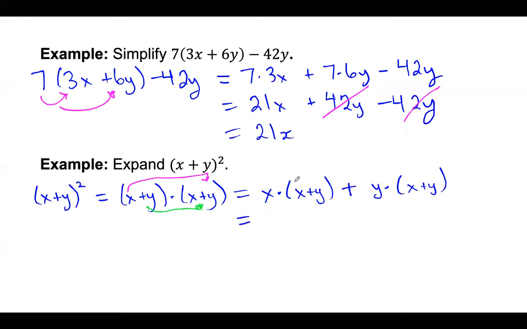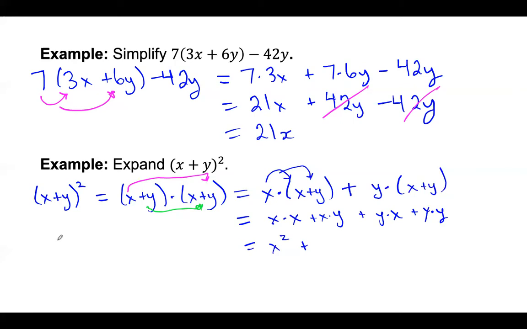Then we can use the distribution property again. So it's going to be x times x plus x times y plus y times x plus y times y. Now x times x is x squared. Here we have xy and yx.